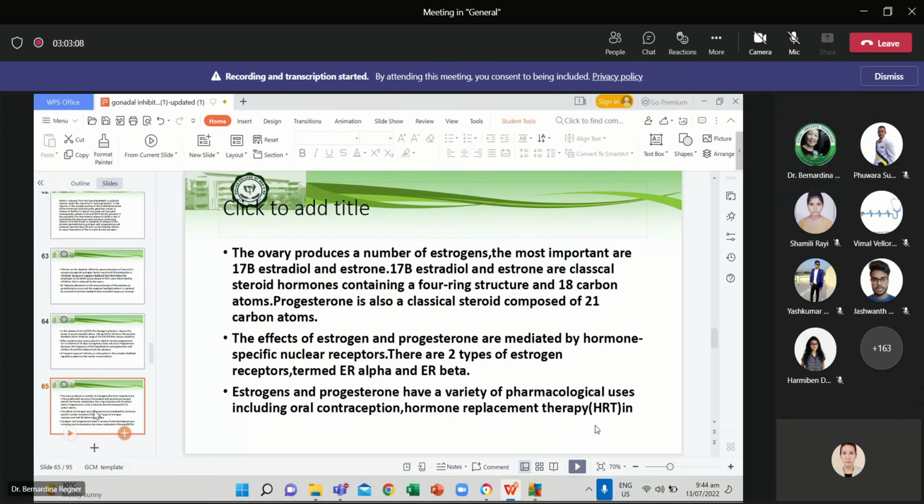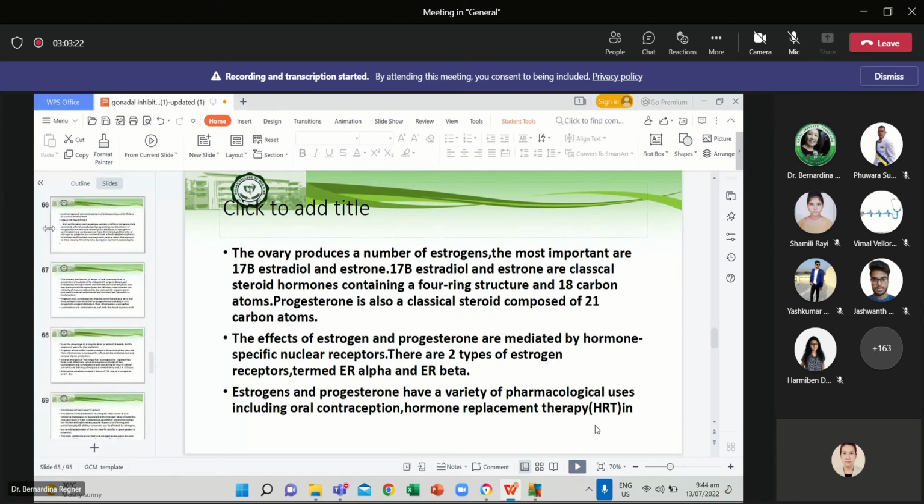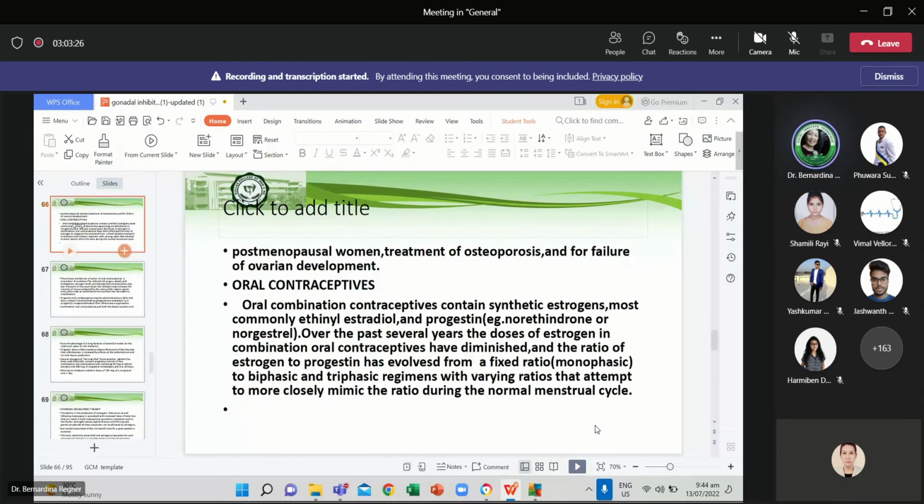I have given already to you oral contraception, HRT or hormone replacement therapy in postmenopausal women, treatment of osteoporosis, and failure of ovarian development. Okay, so oral contraceptives. Let's now go into oral contraceptives.